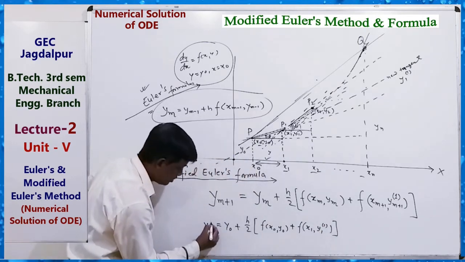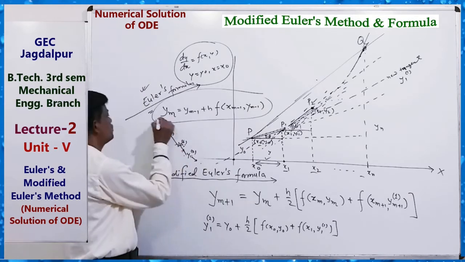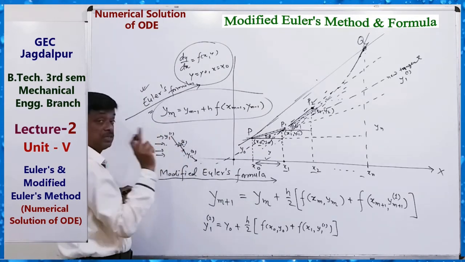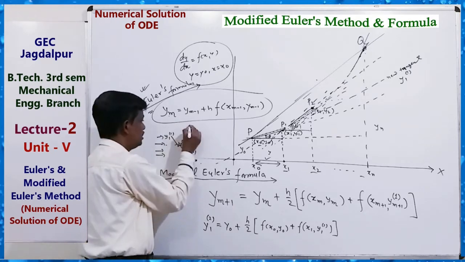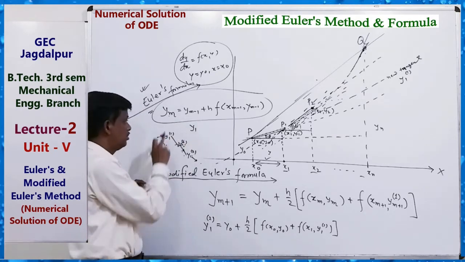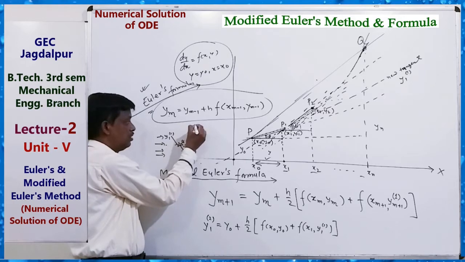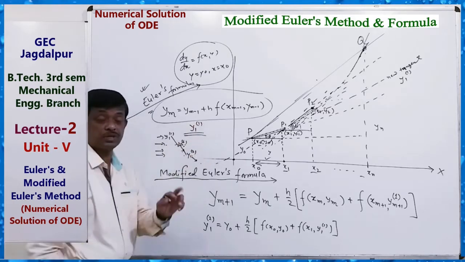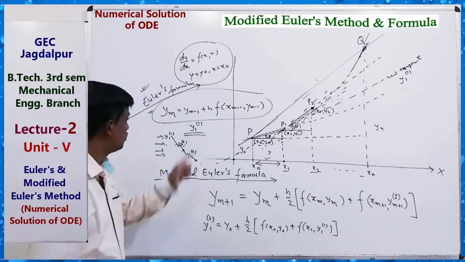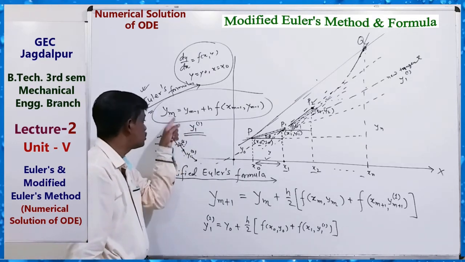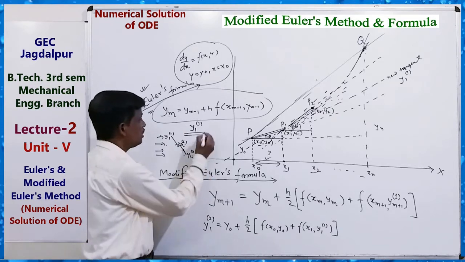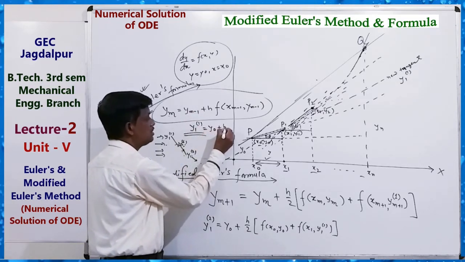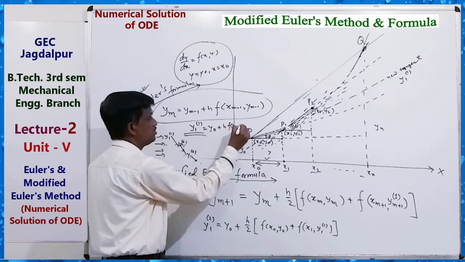This will be the second approximation, because the first approximation we find from here. We find from here the first approximation for y1, with m equal to 0. This is the first approximation for y1 from this formula. So y1 is equal to y0 plus h f(x0, y0).